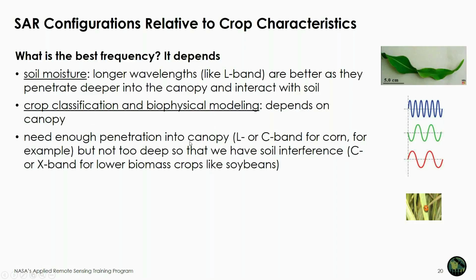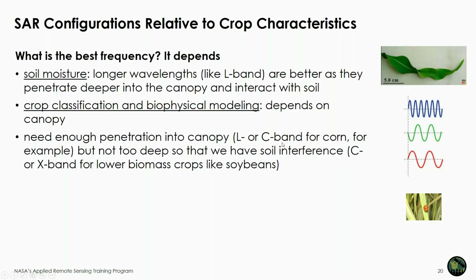So we need enough penetration into the canopy to interact with the canopy, so the stalk and the fruit and the leaves of the canopy. So L and C band for corn, for example, tends to be a good frequency, but we don't want too much penetration into the crop canopy so that we have significant interference from the soil.